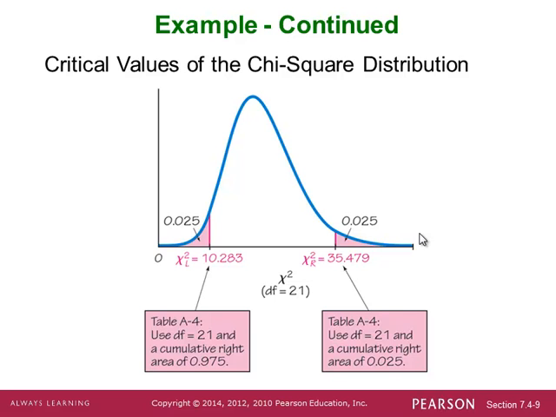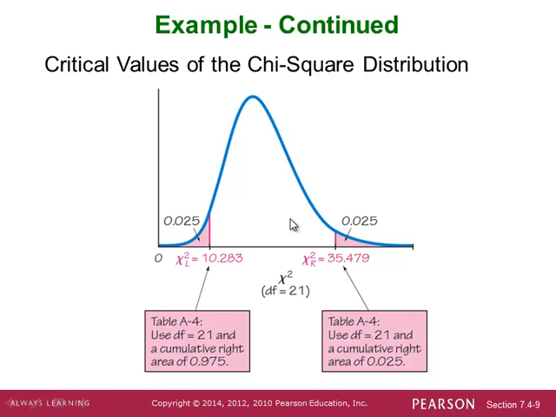Now, here's how we can get those critical values for chi-square. So here's a generic chi-square curve here, and we want to find the critical values associated with 0.025 in the left tail and 0.025 in the right tail.